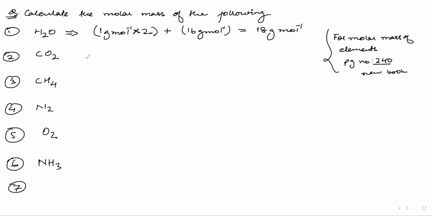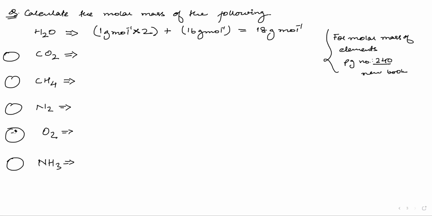All of you have to calculate the molar mass of the following 6 molecules. If you're done, you can send the answers in chat. Wait a second, don't write 1, 2, 3.